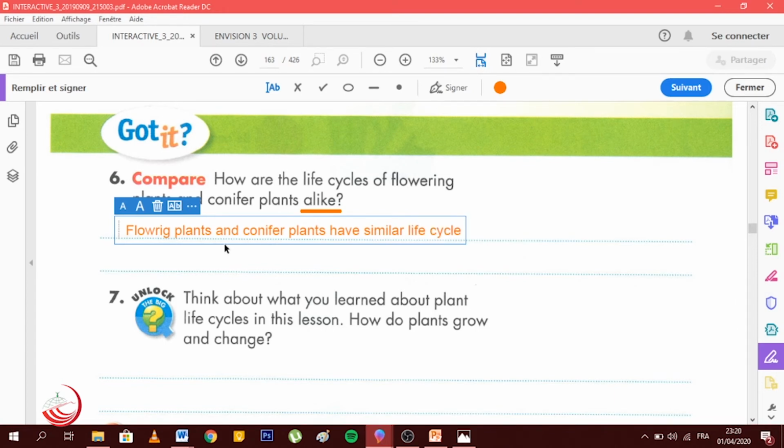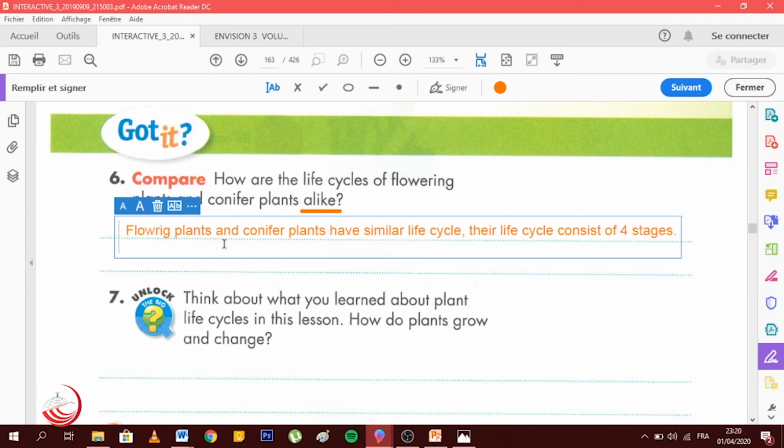Very good. Their life cycle consists of 4 stages. What are these stages?